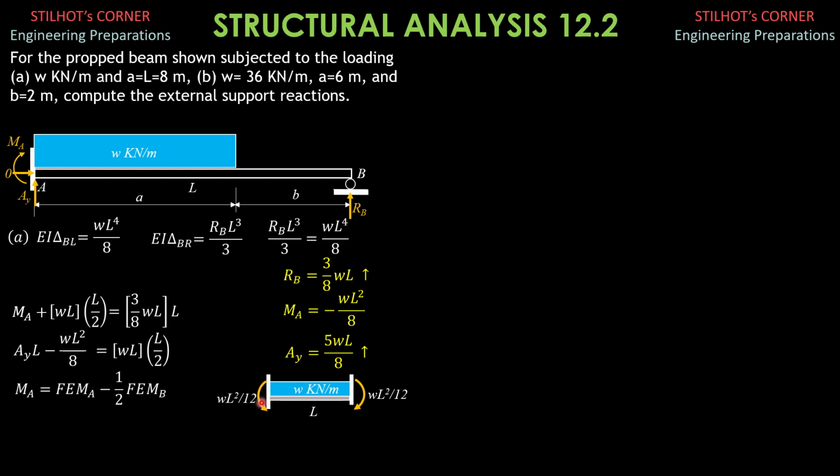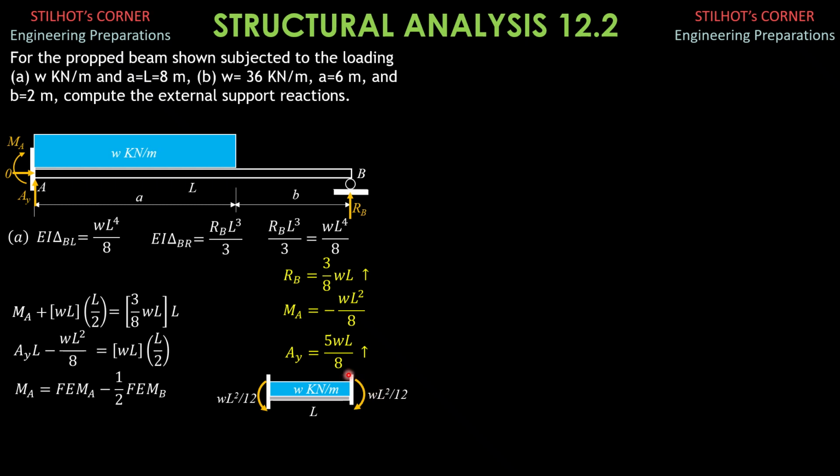So this is the direction. This is negative because it is counterclockwise from slope deflection equation, but this is supposed to be the positive moment, but we just rely on slope deflection equation. That's why from slope deflection equation, clockwise moment would be positive.